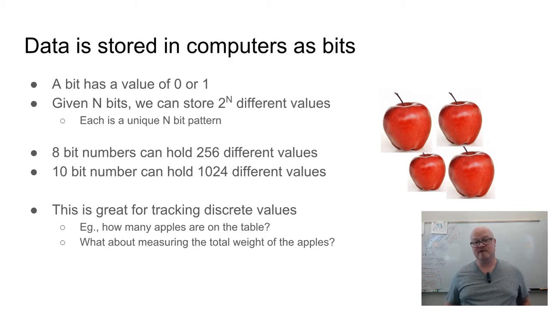So as an example here, I say how many apples are on the table. And over here I've got a picture of 4 apples. And we would definitely say that this is 4 apples. But I want you to understand that this aspect of our lives is definitely discrete. So when I say how many apples are there, there are clearly 4 apples.